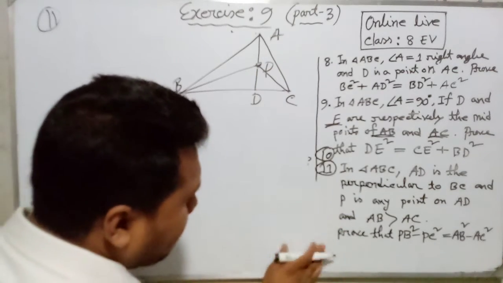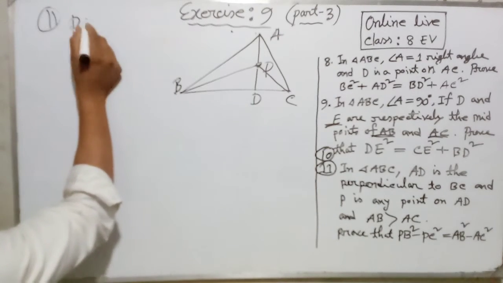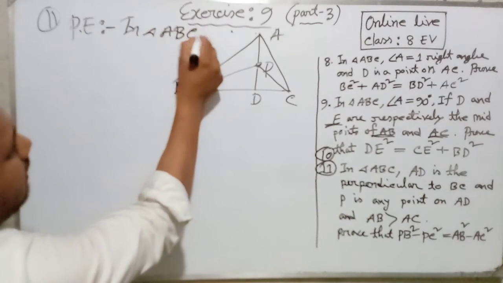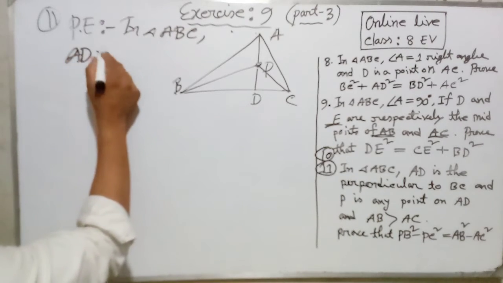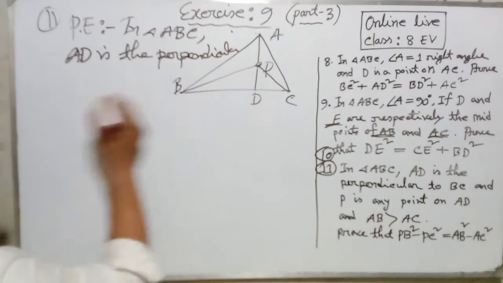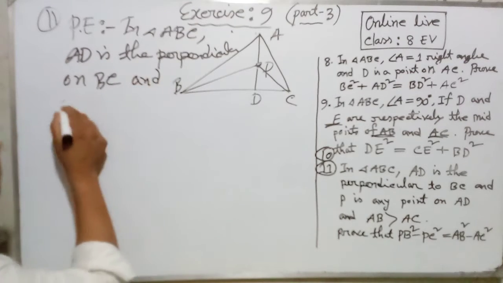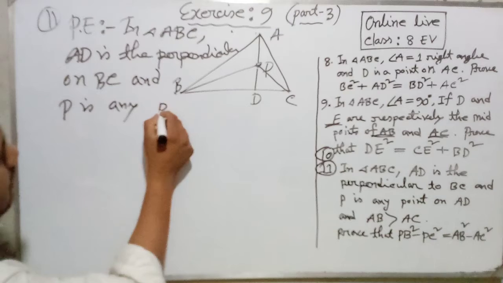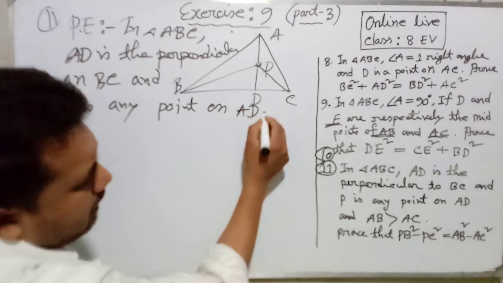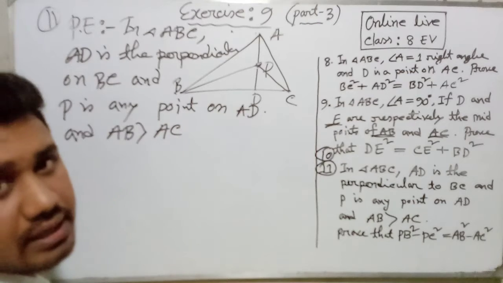So dear students, if we write our answer, then at first write the particular enunciation. Now what is the particular enunciation? We can say in triangle ABC, AD is perpendicular to BC, and P is any point on AD, and AB greater than AC.